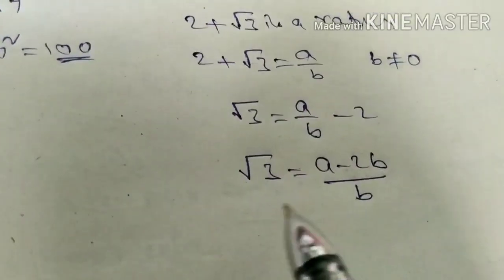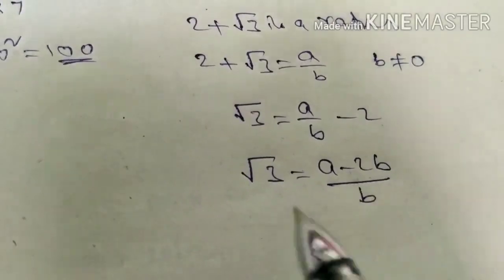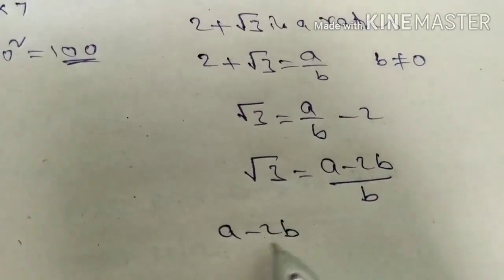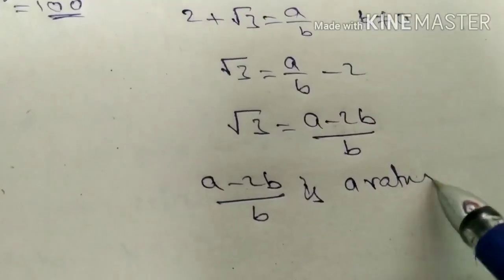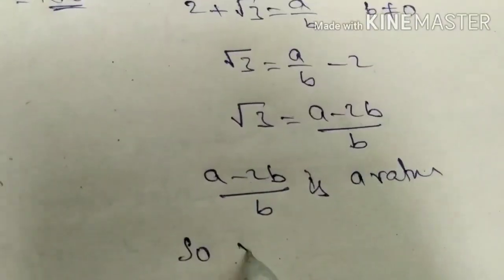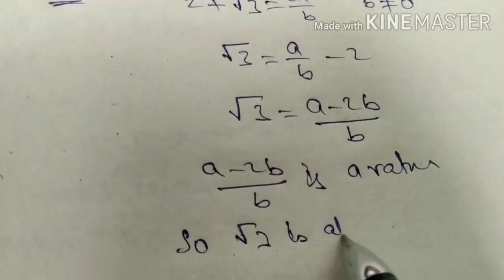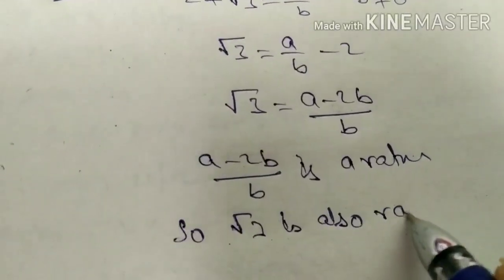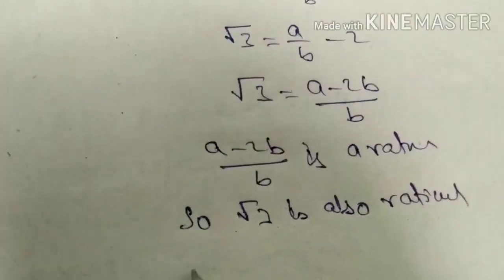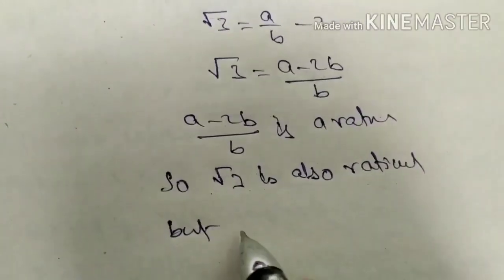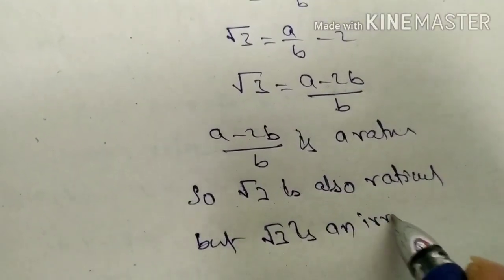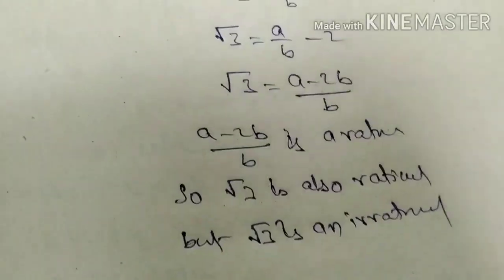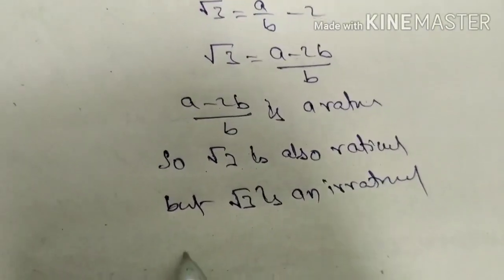Observe, a minus 2b by b is rational. So root 3 is also rational, but root 3 is an irrational. So our assumption is wrong.